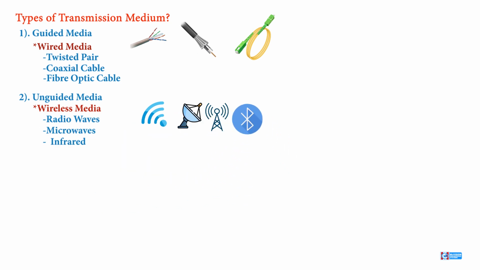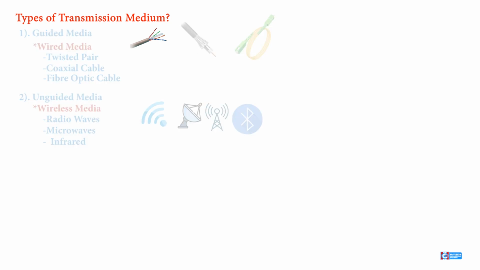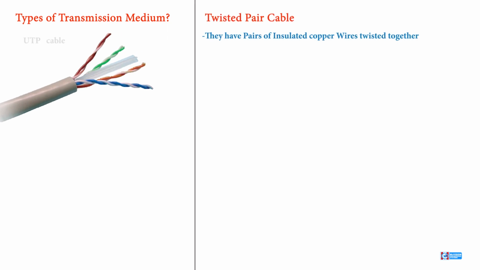Now, delving deeper, let's start with the twisted pair cable under the wired transmission media. The twisted pair cables have pairs of insulated copper wires twisted together like this. These cables transmit data through electrical signals sent over pairs of wires.